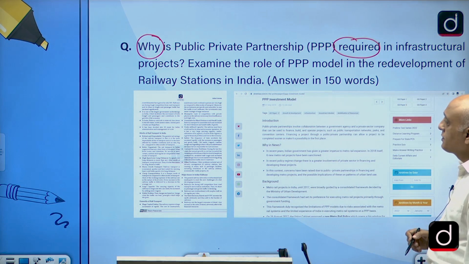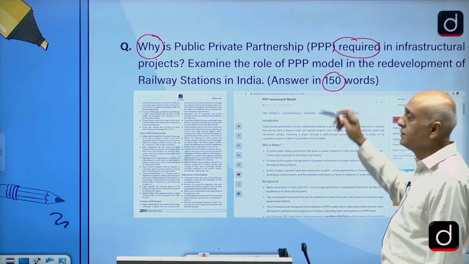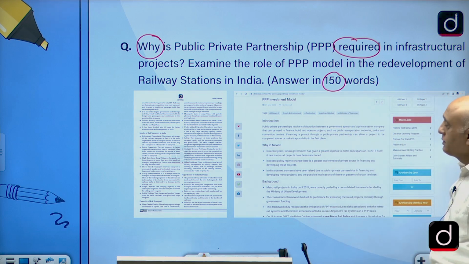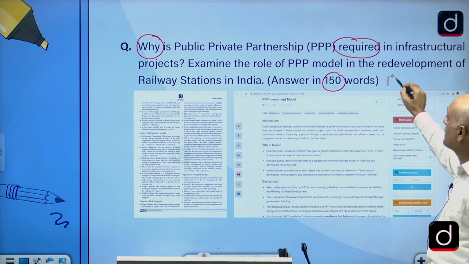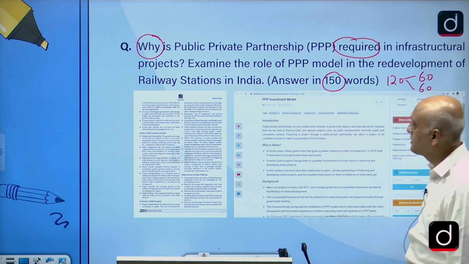The second part of the question, because these are two questions and answering in 150 words, in which you are spending some 30 to 40 words in introduction and conclusion, 120 words are left. So 60 words are very less for explaining the reason behind PPP, and in another 60 words you have to cover the role of PPP in the redevelopment of railway stations.